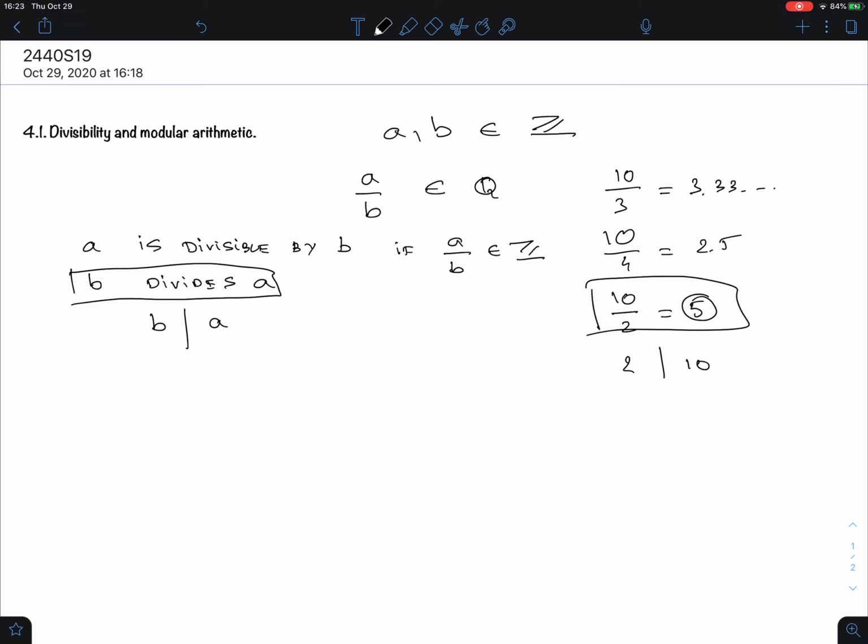Another way of saying this, b divides a, also b is a divisor, sometimes we also say factor, of a. So there's a lot of terminology that always expresses the same fact. Okay, so it is kind of obvious what this means. However, let's try to formulate it a little bit better, because I'm going to do a little bit of proofs.